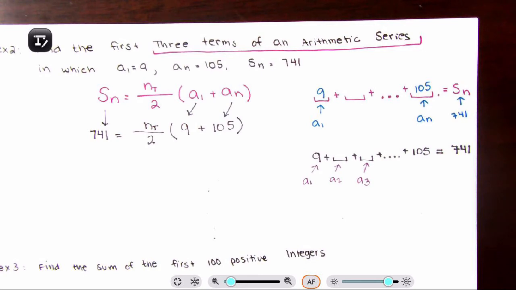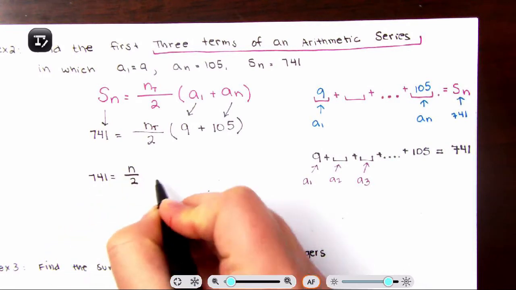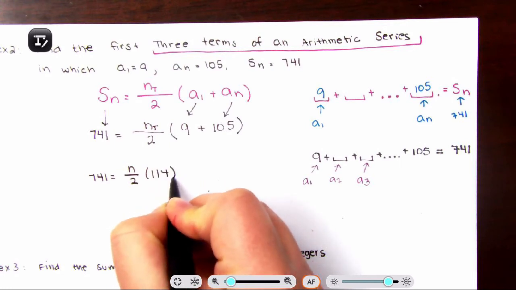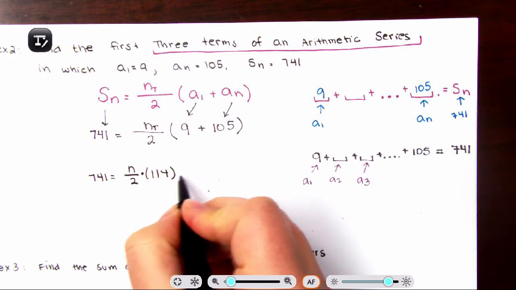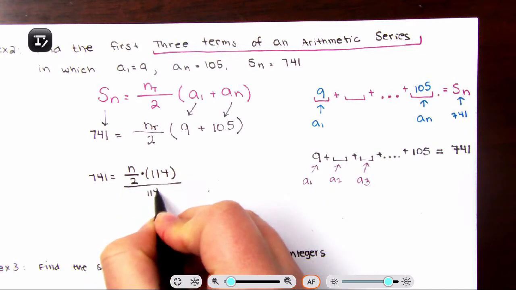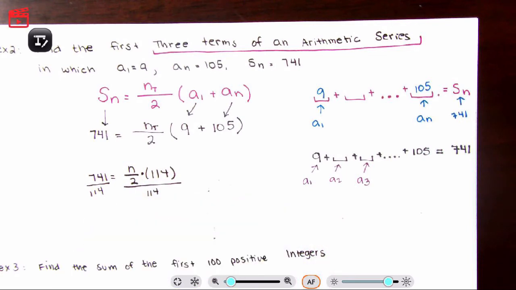105 plus 9, that's 114. Make sure that you are following PEMDAS. I'm going to divide both sides by 114 because I am multiplying by 114. So I'm doing 741 divided by 114.